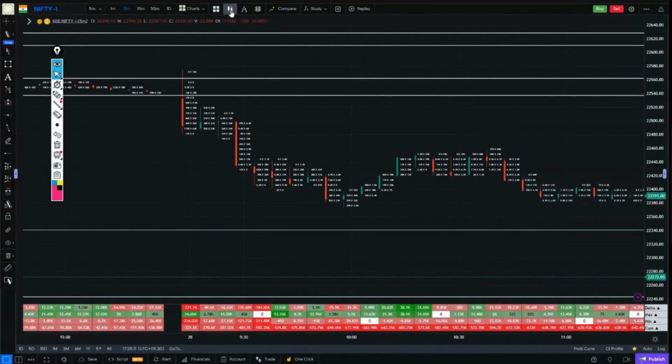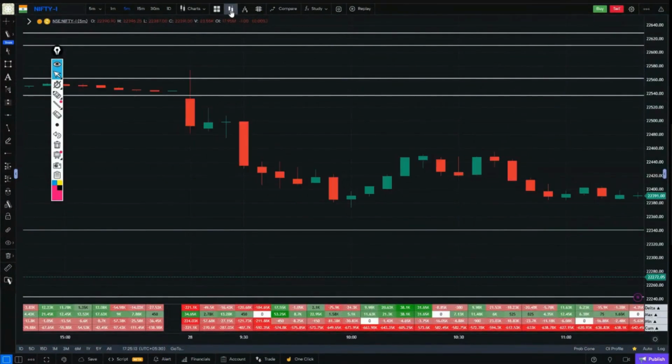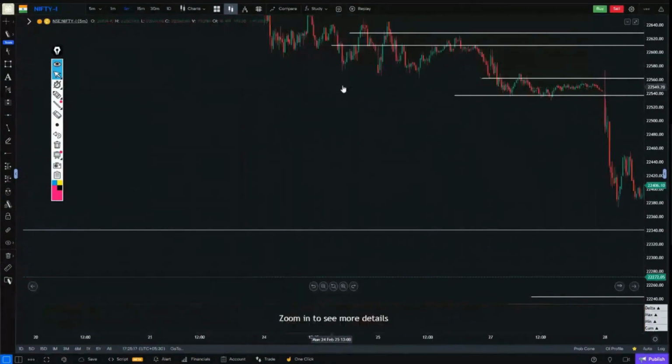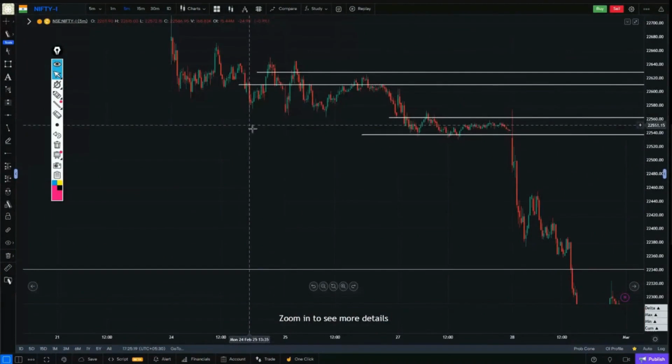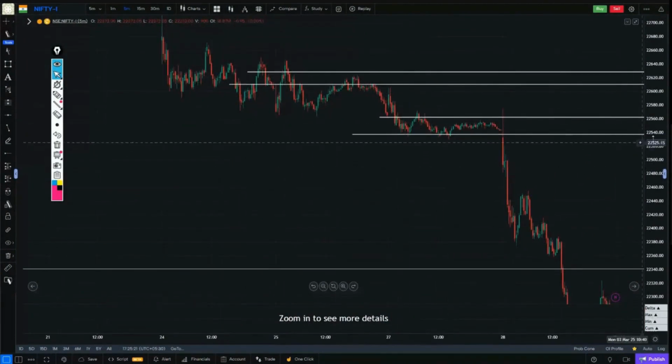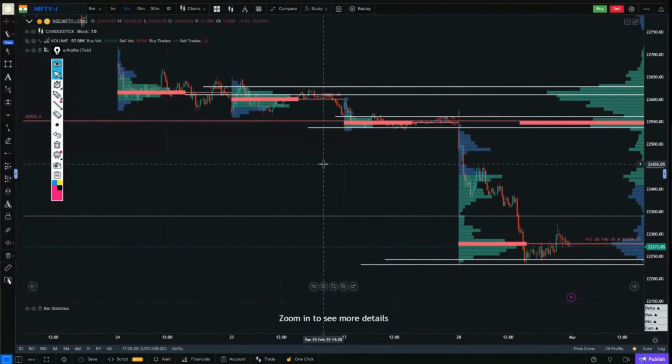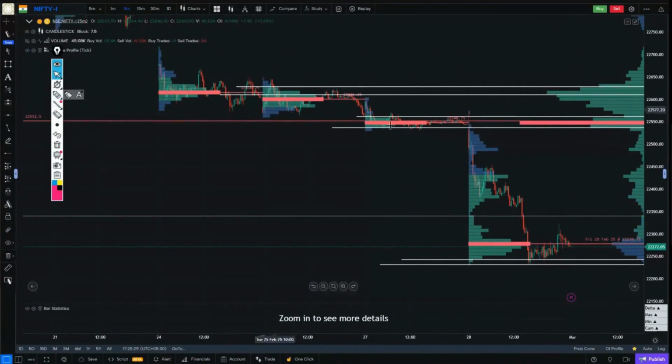So before reading today's footprint, let's take a look at the volume profiles once to see what the confirmation was for yesterday's volume profile and the day before's volume profiles. Yesterday's Nifty was completely sideways, absolutely sideways. This was the only VPOC zone and this volume node was formed.